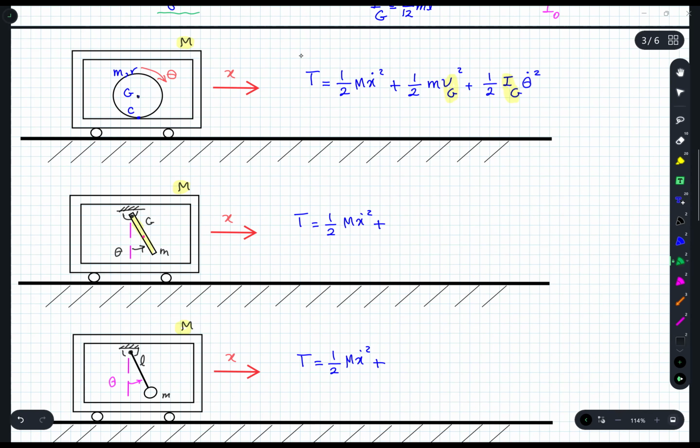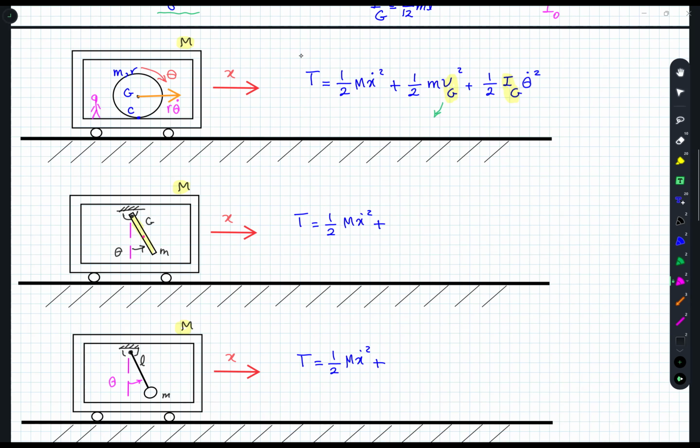Also, Vg, we need to be very careful. The velocity of point G, we know from the view of a person standing inside the cart, that velocity is r theta dot, right?